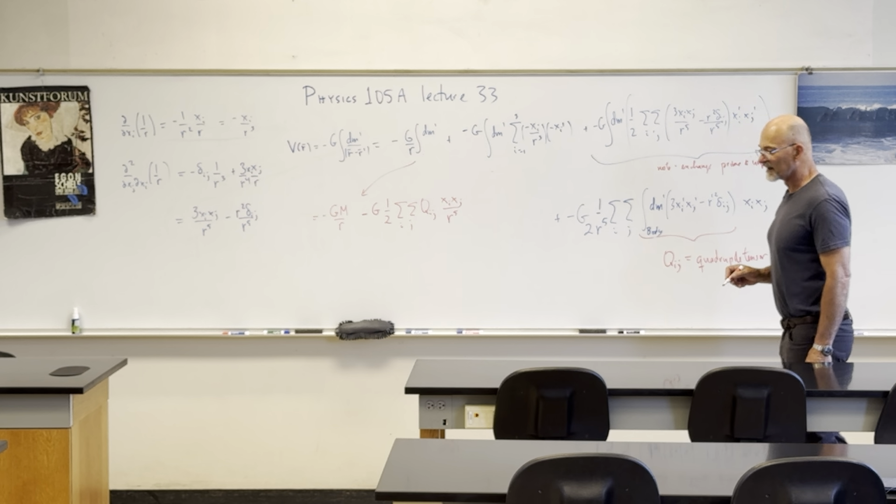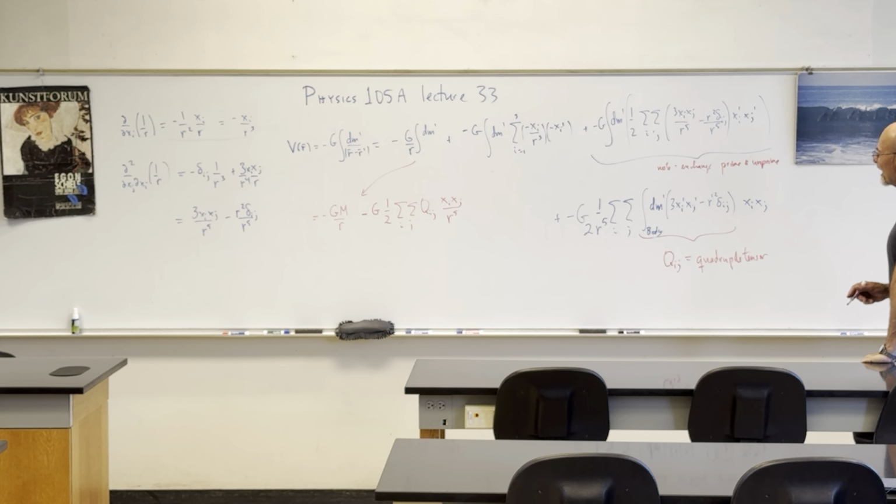When all is said and done, that's the result we came out with. Quadrupole tensor. The r to the 5th I brought back in there with the 1/2. So we have everything there.